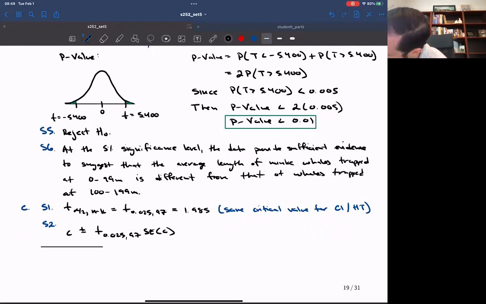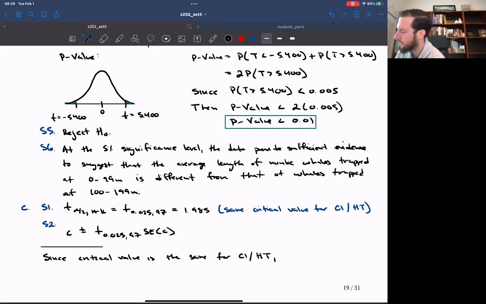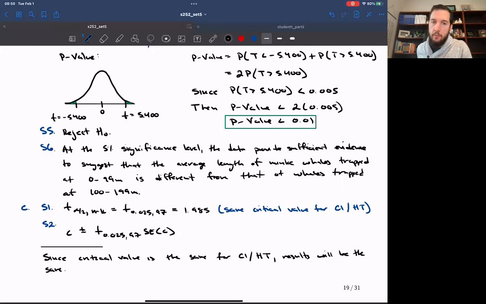All right, so since the critical value is the same for the CI and hypothesis test, results will be the same. Okay. So we rejected the null hypothesis in the hypothesis test.